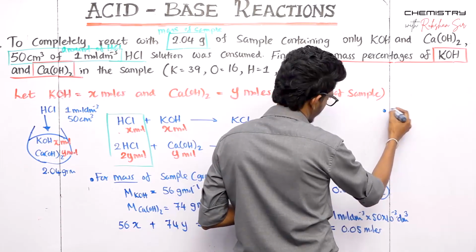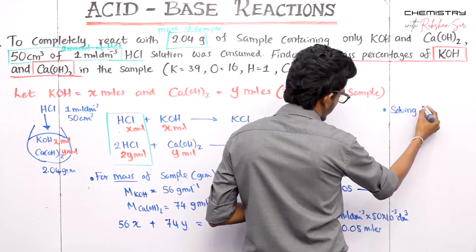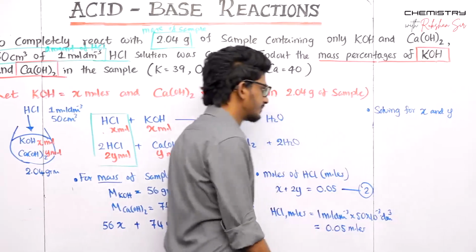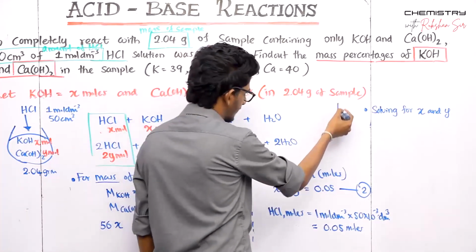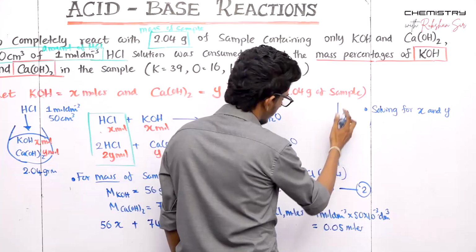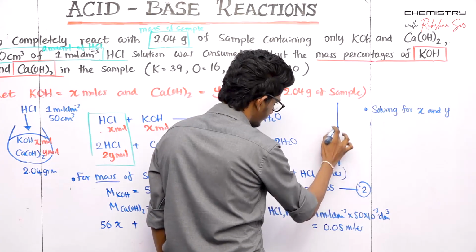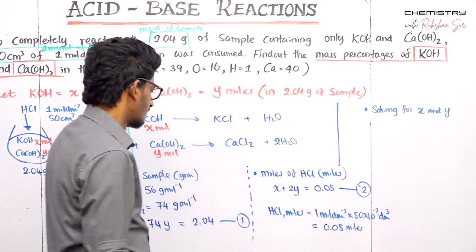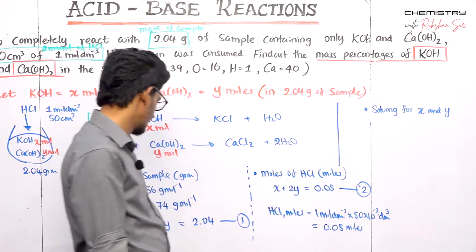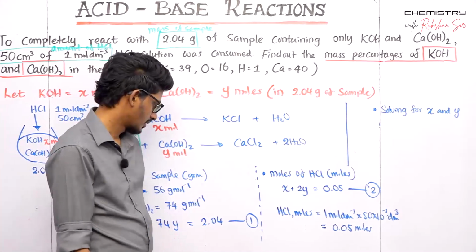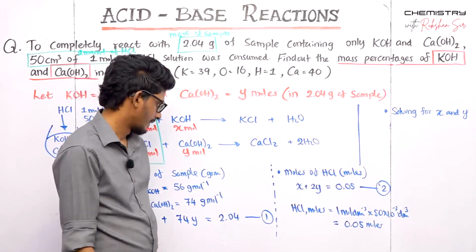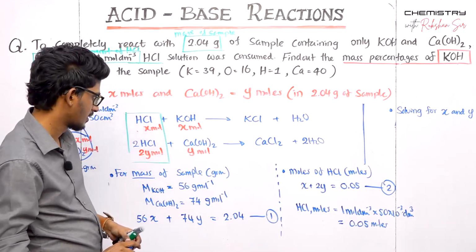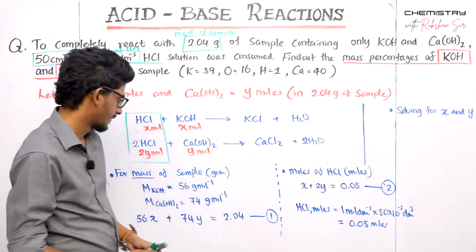Solving for X and Y. What we can do is multiply this equation with 56 to get rid of X. Let's do that, multiply this with 56.